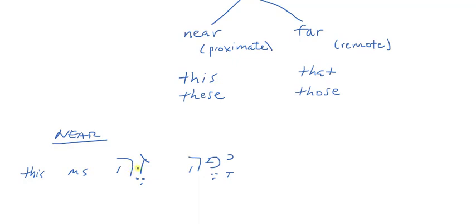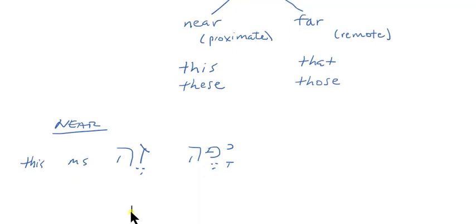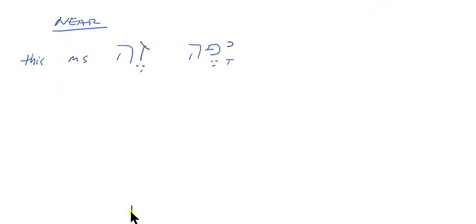By the way, is the heh a real heh or a mater heh? It is a mater. If it were a real consonant heh, what would I need to put in it? A dot called a mappiq. All right? So this is the mater heh. What is the feminine form to say this feminine thing? It's not ze, but zot.